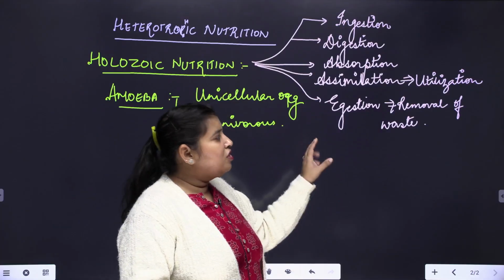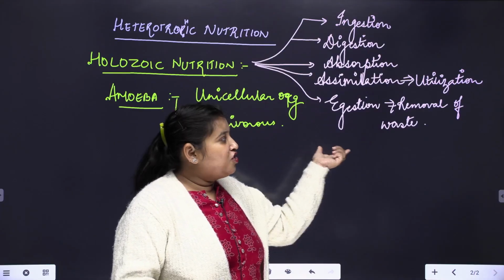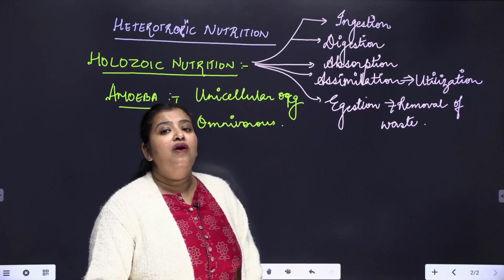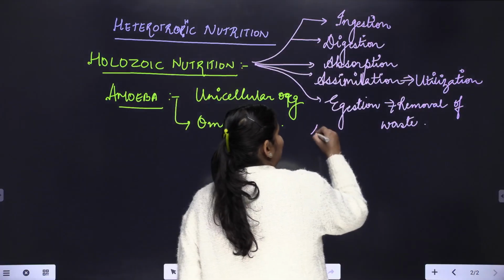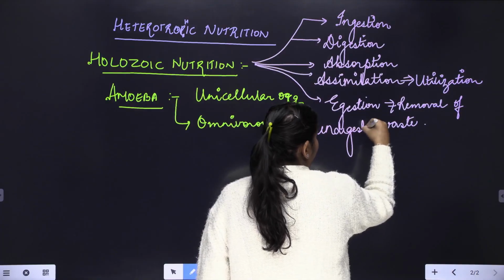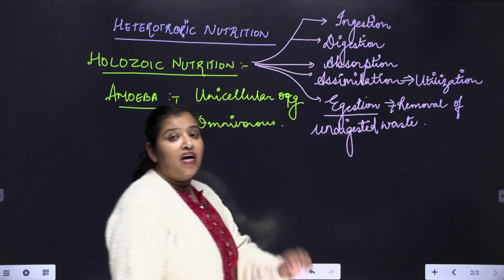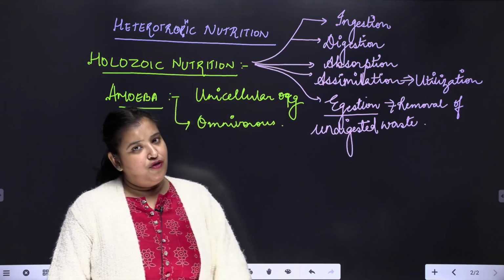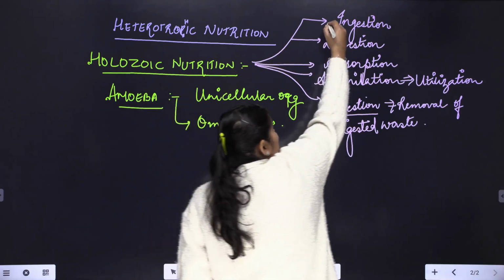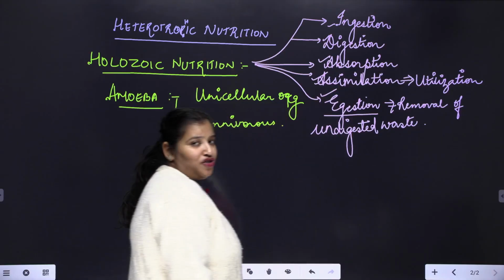So, excretion is something different and egestion is something different. Egestion is removal of waste which is undigested, which is not digested by the body. So the undigested waste is removed by the process of egestion. So these are the 5 steps of nutrition: ingestion, digestion, absorption, assimilation, and egestion.